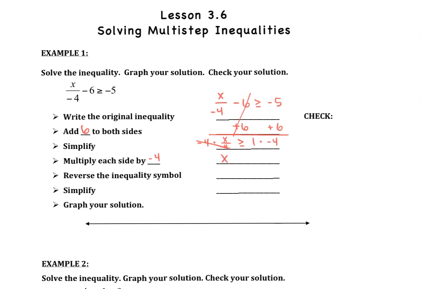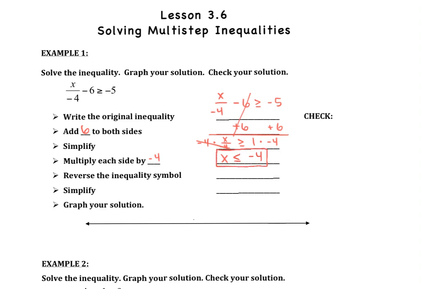And then remember, when we multiply or divide each side by a negative number, we need to reverse our inequality sign. So the greater than or equal to becomes a less than or equal to, and then 1 times negative 4 is negative 4. And so that's my answer, because those last couple steps I kind of all did in one step together.